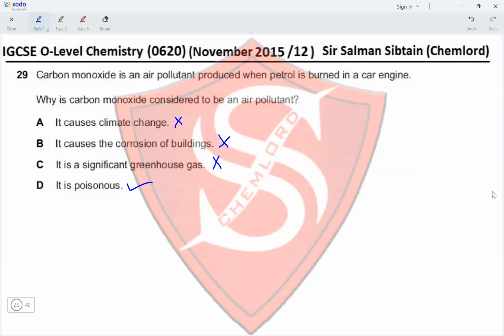So it is an irreversible binding, let's put it that way. So this would cause people to suffocate and die. That is why it is called a poison for humans. So this is the reason why it is an air pollutant, and the reason why option D is the correct option for this question.